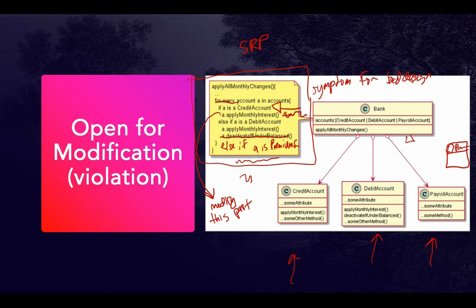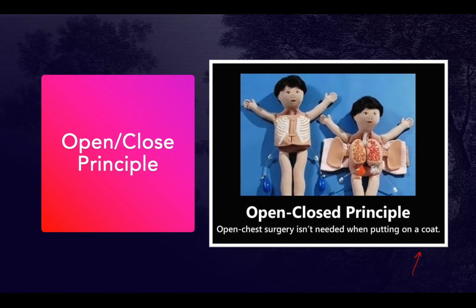So if you already foresee the future that there may be new types of account, if you already foresee the future that this kind of check right here might have to be edited since you have to add an else if right here, then we already know that this is bad design because we will be forced to change bank itself for the modifications of other classes. And that's open for extension but closed for modification.